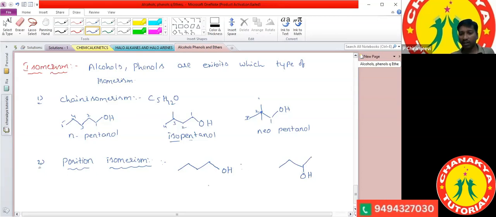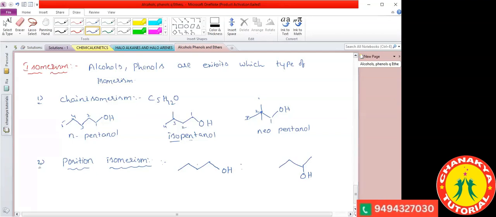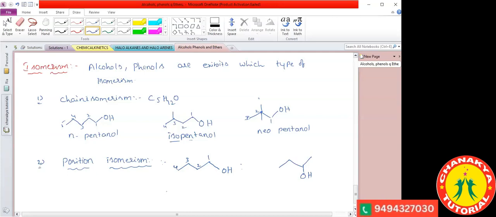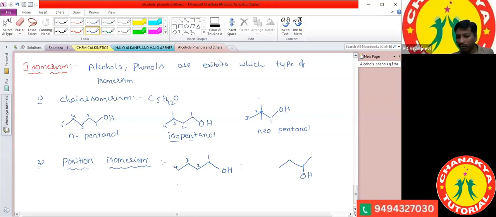What is the IUPAC name of the first structure? Ritu? Number of carbon atoms, you can check: 1, 2, 3, 4 only. Yes. 4 means what is the root word?